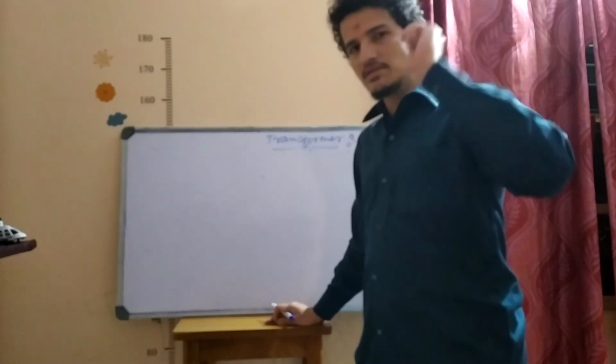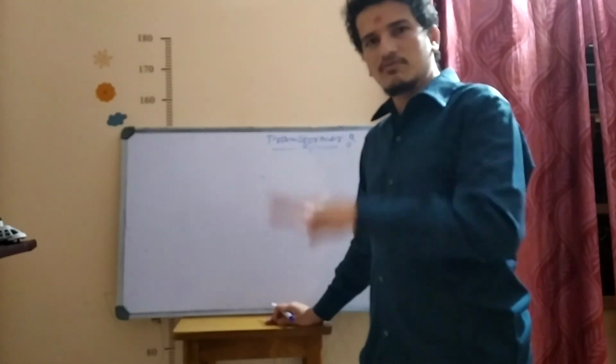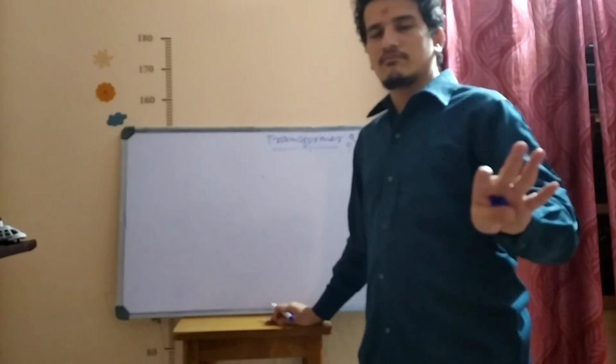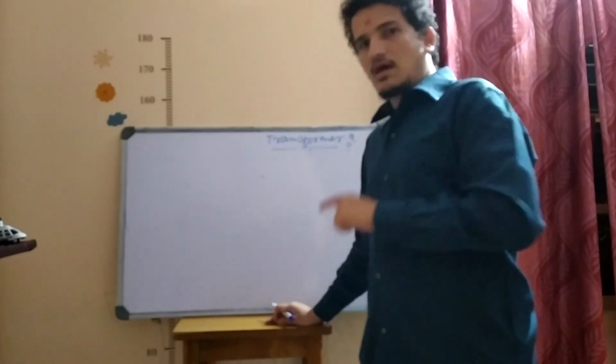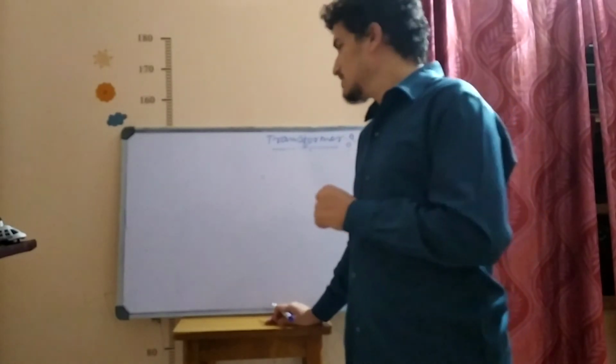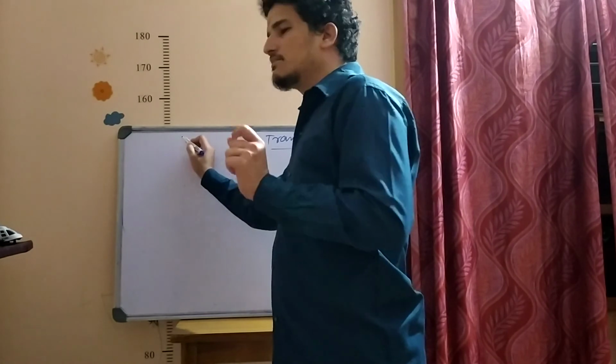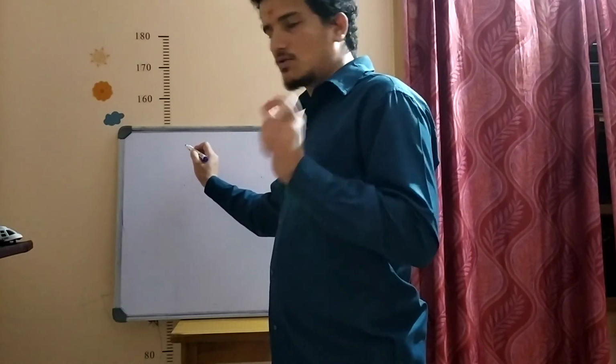The core loss remains the same for a particular transformer. It will not vary if you raise or lower the load. But copper loss will vary as the square of the load. That is the important inference or note.